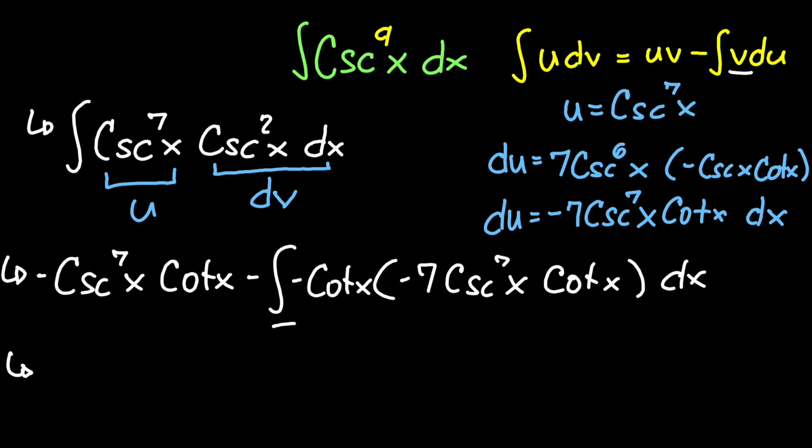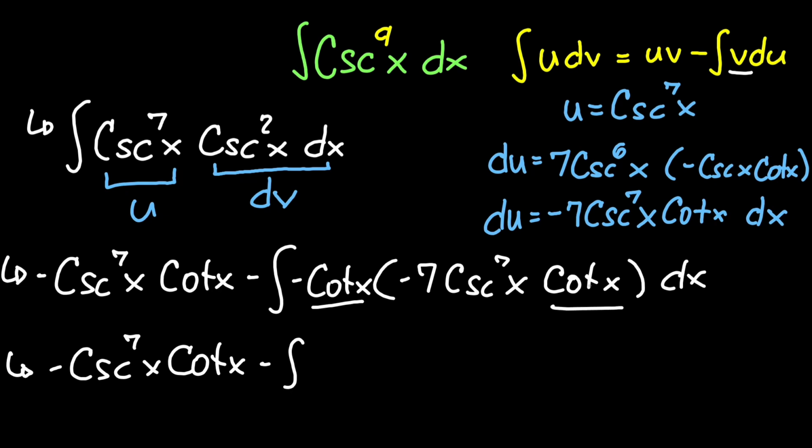Next up would be to simplify this integral expression. No need to pay attention to this first part because it has already been simplified. And for this one, you can see here that both had a negative sign, so it would be a positive value in here. We have cotangent of x and cotangent of x. Multiplying these two together, it would be cotangent squared of x.